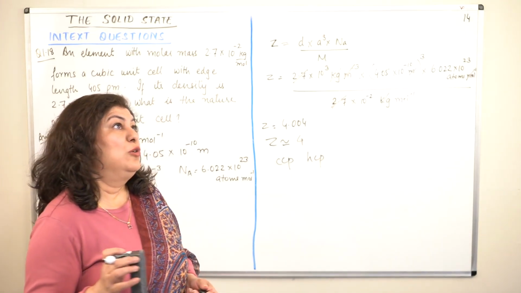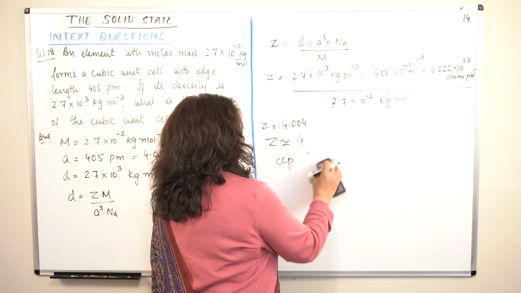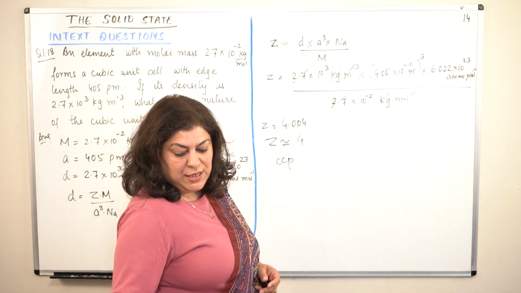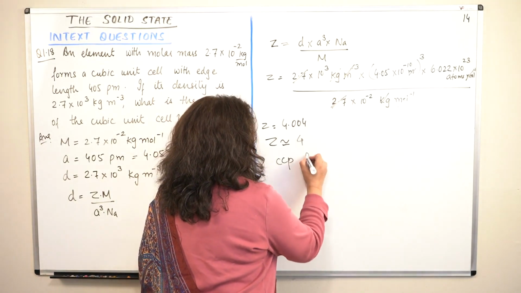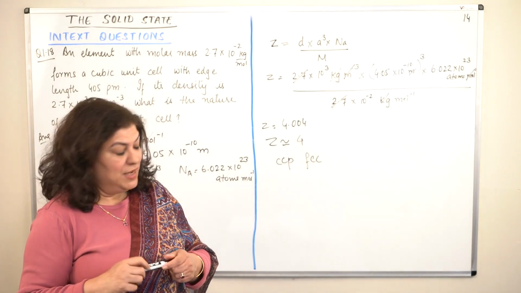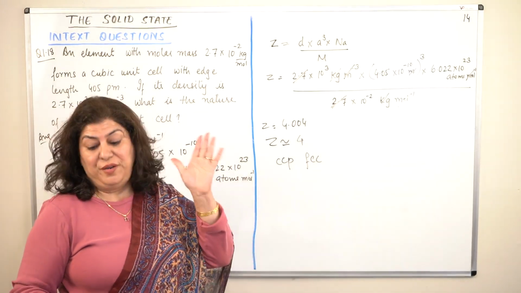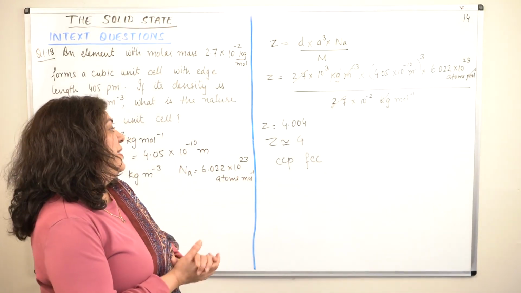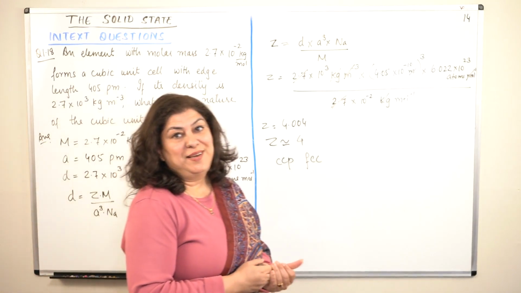HCP is hexagonal close packed, so it's not cubic. So you would say it is either CCP or face centered cubic, FCC. So it is a CCP or face centered cubic unit cell.